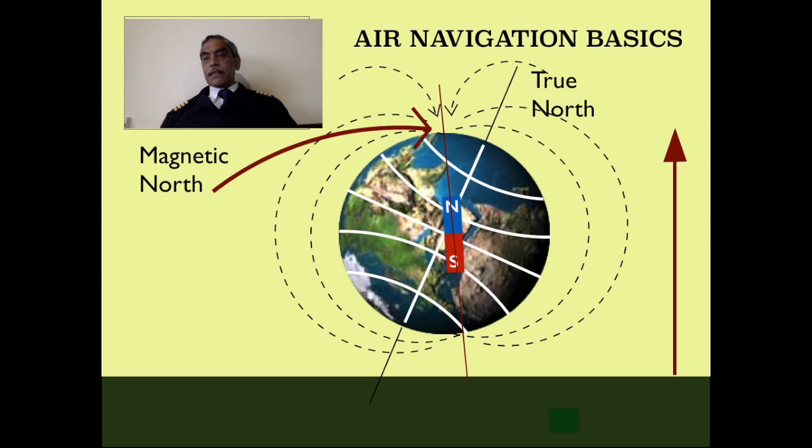That means the axis around which the Earth is rotating, the poles, we will fix as true north. Eventually, all directions have to be referred or brought down to this true north for accurate measurements.